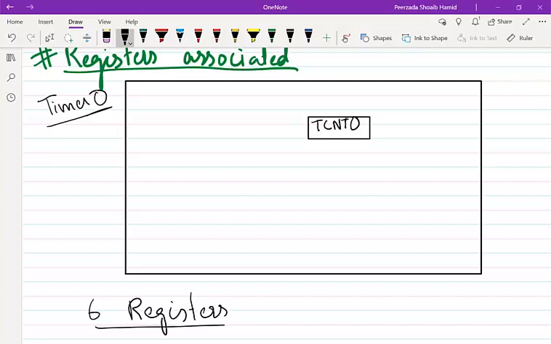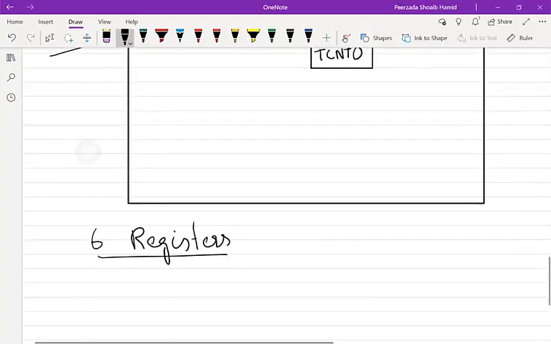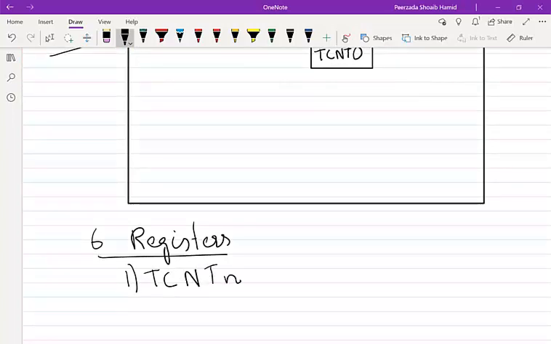So the first register associated with each timer is the timer counter register, TCNTn. It will be 0, 1, 2, or for some other microcontrollers it can be up to 5 also. This register is used to actually count.